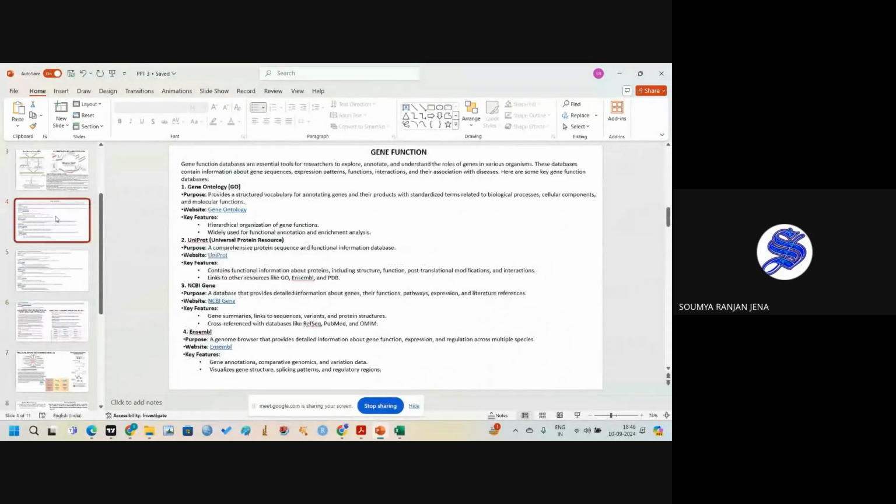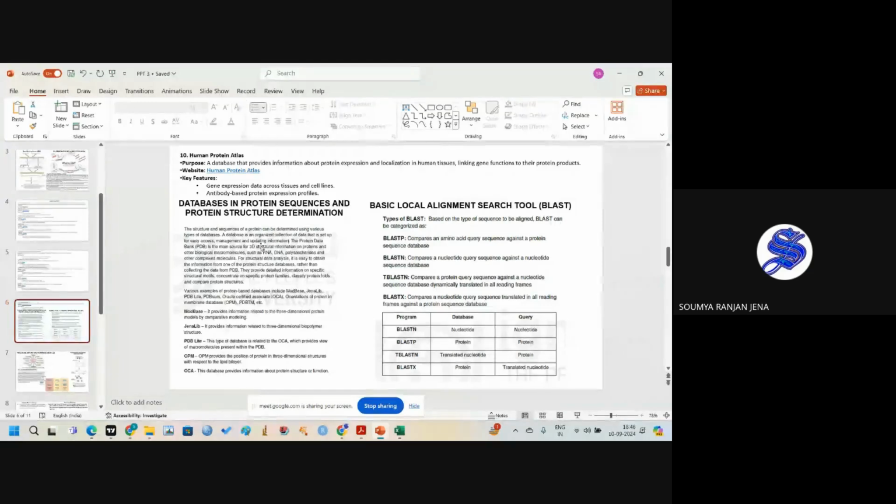Then these are the gene function databases, and the next are the databases for protein sequences and protein structure determination, because these databases are known for the different protein structures. As we know, a protein has primary, secondary, tertiary, and quaternary structures.